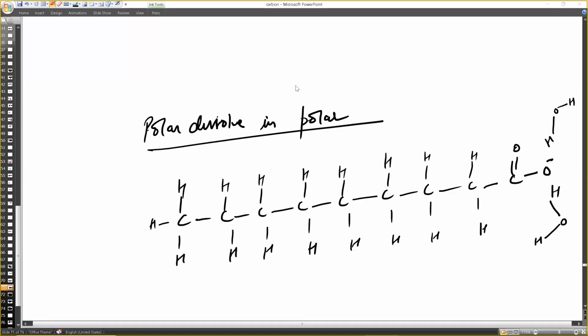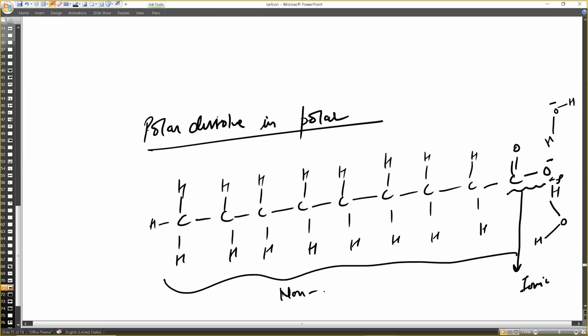This one is negatively charged and this one is positively charged, so they will be attracted. This end is called the ionic end, and it will be attracted towards the water.